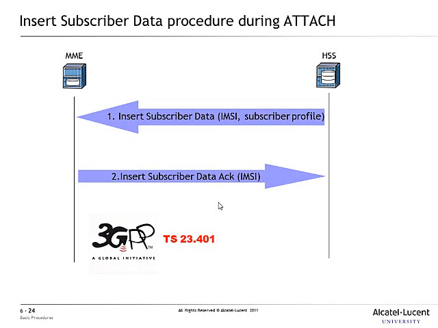So whenever you attach to the network, and we talked a little bit about attach last week, and we're going to look at it in more detail today, the message gets sent to the MME, and the MME goes to the HLR database or HSS database, and it downloads all the subscriber data into its own database.